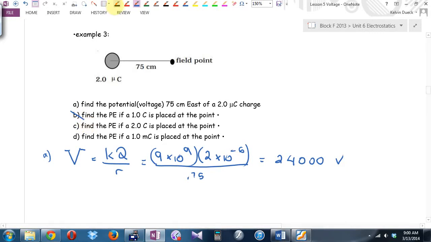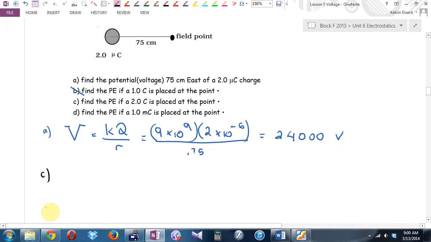We're going to do C. AJ, what does C want me to find? Potential energy. Now, I can do this 2 ways. I could go from last day, hey, potential energy is kQ1Q2 over r, and that's perfectly acceptable.